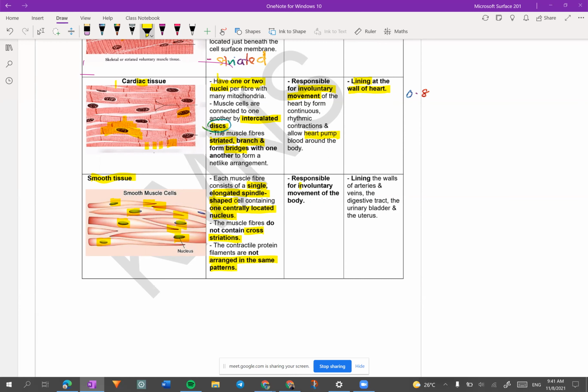Again, it is responsible for involuntary movement of the body. So, wall of atria, vein, digestive tract, urinary bladder, and the uterus. So, all of the digestive tract and uterus are made of muscle too. So, the muscle is smooth muscle tissue.